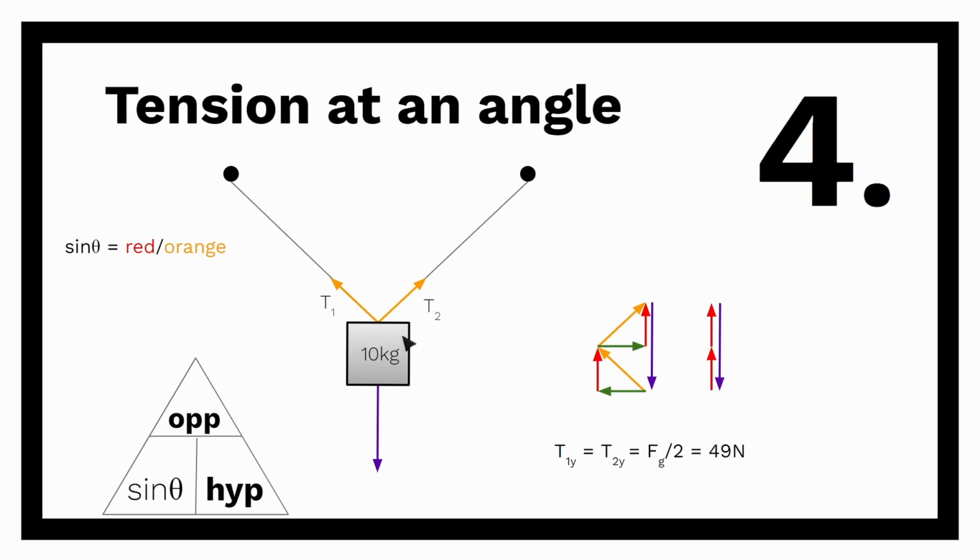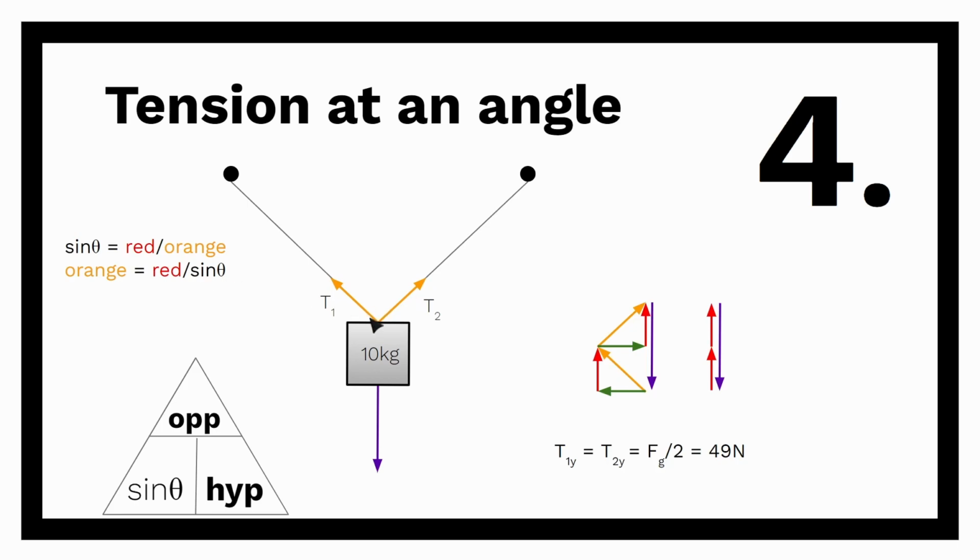Because we have the sine of this angle here, and I measured it with a protractor actually. It's 43 degrees, which, I'm sorry, it's really random, but the sine of 43 degrees is the Y over the hypotenuse, the opposite side over the hypotenuse, which in this case is red over orange. And I'm just going to keep these here as colors to try to keep you along with it, right?